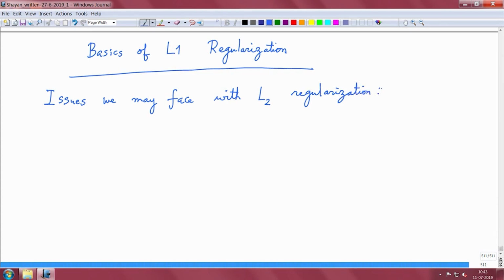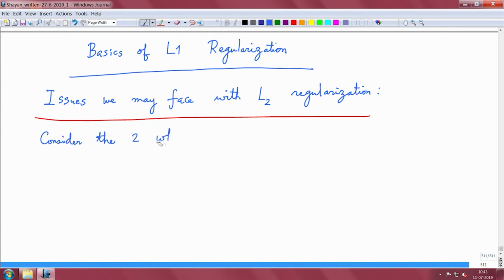So, let us consider the case where we have two variables in a weight vector.